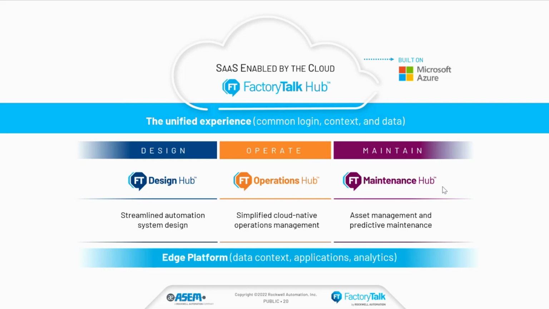There's the Operation Hub, which is dedicated to operations management through the cloud. And then there's Maintenance Hub, which is dedicated to asset management and predictive maintenance related software. But for now, we'll only be focusing on Design Hub because this is where FactoryTalk Optix lives. And there's also additional software besides FactoryTalk Optix in the Design Hub that the customer could leverage as well.